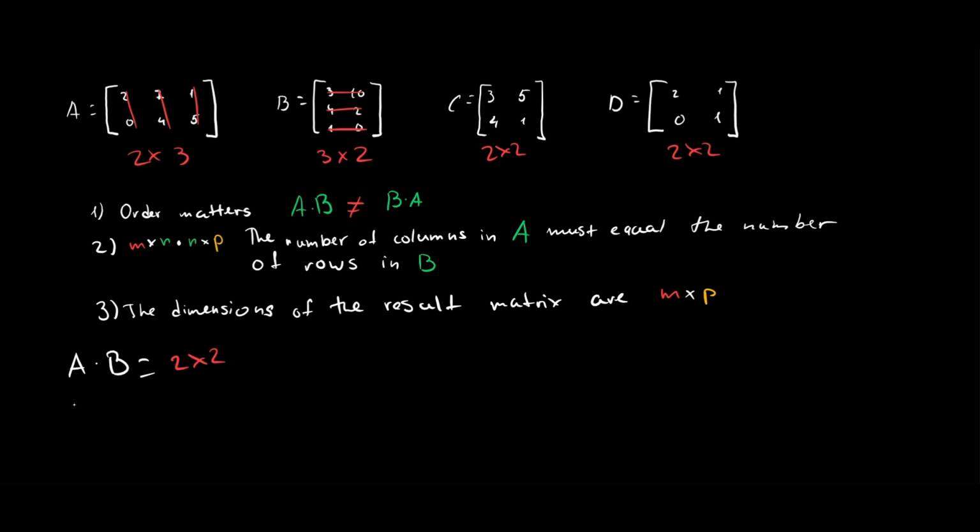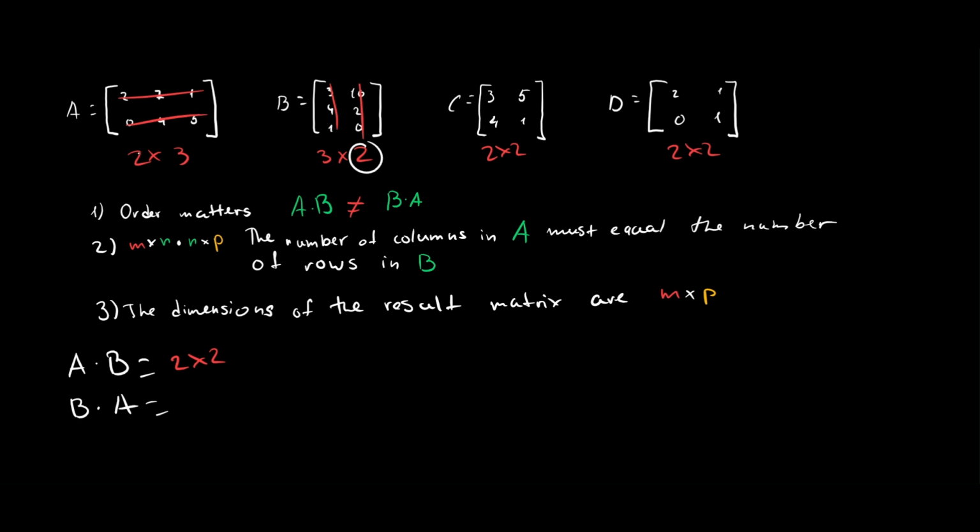Let's see if we can multiply matrix B and matrix A. In this case, we have 2 columns and 2 rows, right?